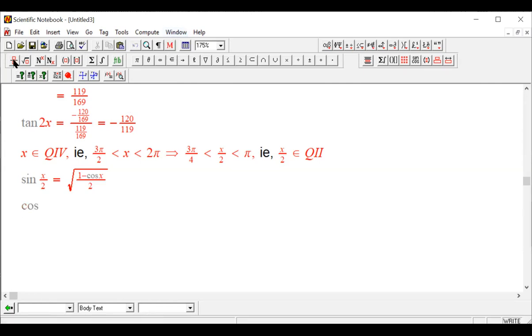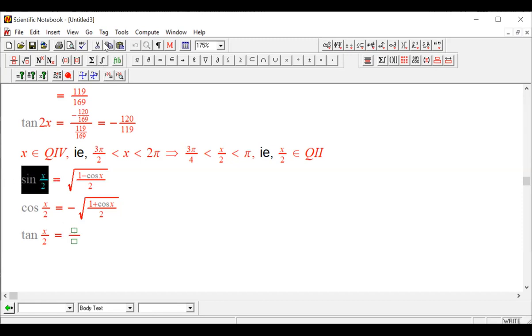You guessed it. If the half angle is in the second quadrant, cosine is going to be negative. And tangent, of course, is straightforward. We're going to do that later. It's going to be sine of half x over cosine of half x.